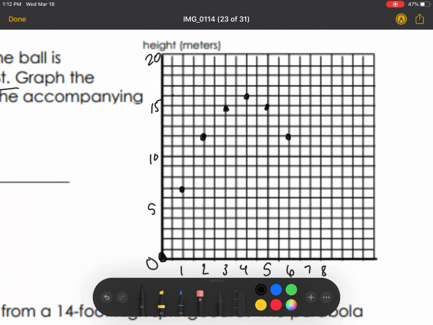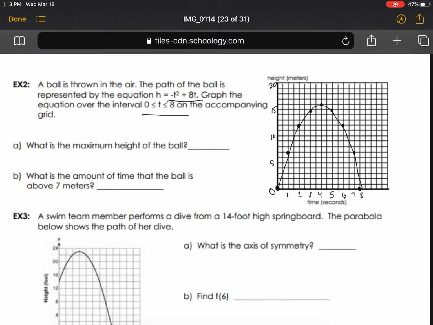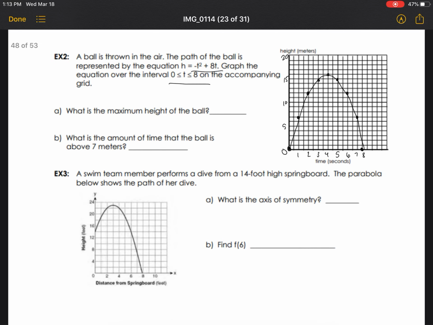All right, so hopefully that's accurate enough. So that's the path that the ball is going to take from 0 to 8 seconds.